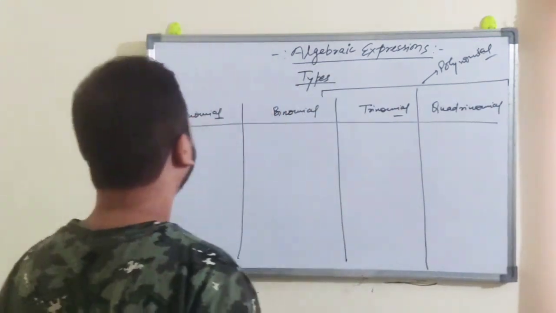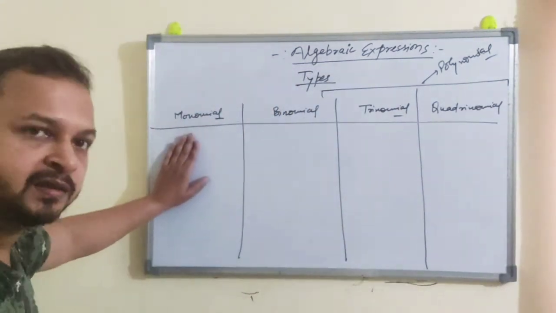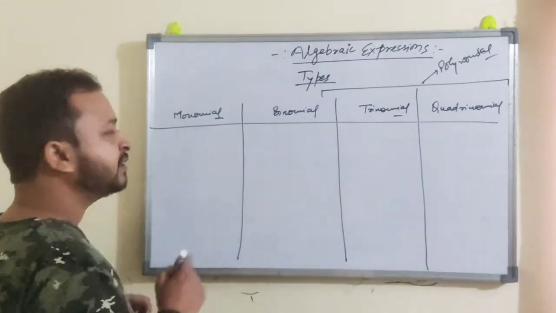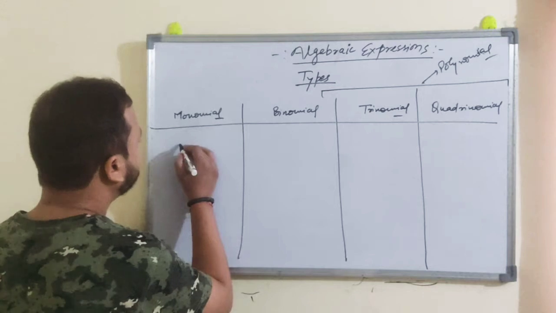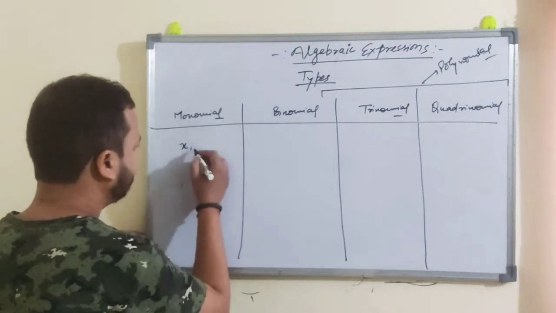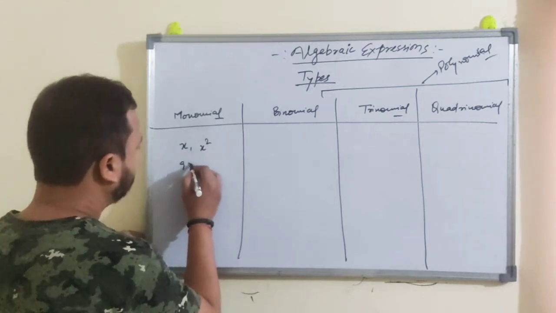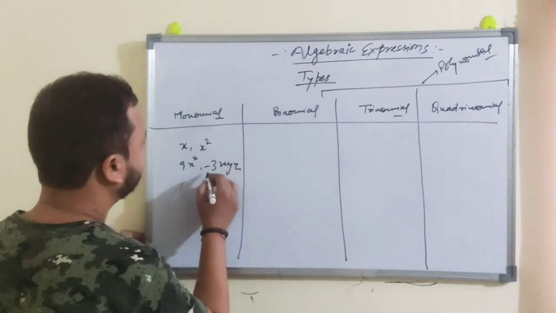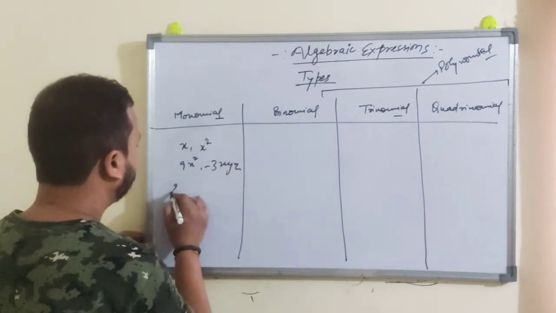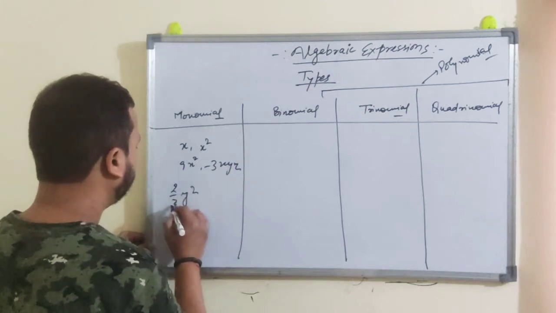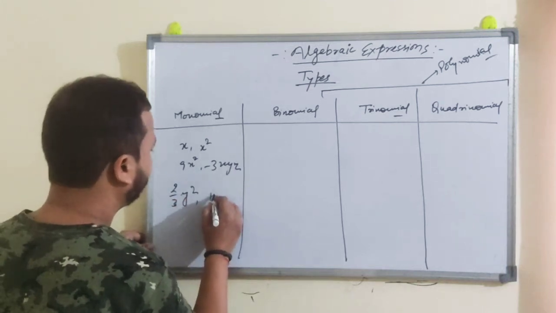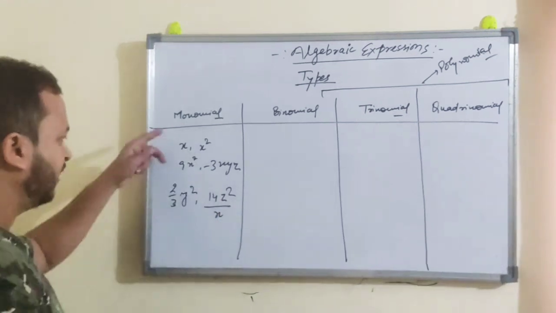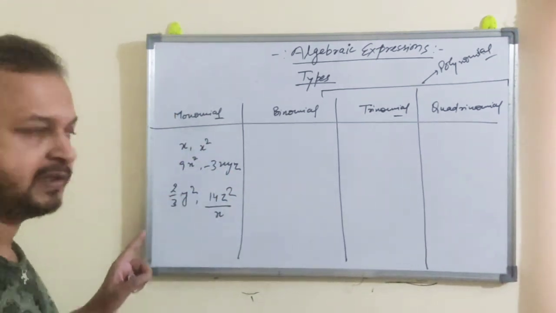Right? So monomial means any expression having a single term. Single term means either x, x square, 9x square, 3xyz, minus 2 by 3y square, right? 14z square upon x. They are known as monomials.